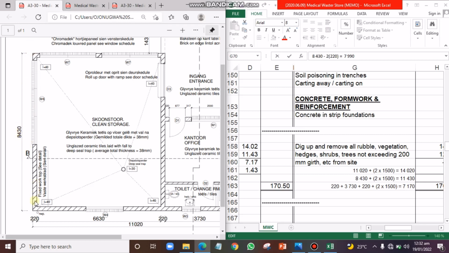So this is 8,430 from this point to this point. So we are also expected to add working space of 1,500 at this place, which is going to give us 11,430. So 8,430 plus twice working space is this value we have here.